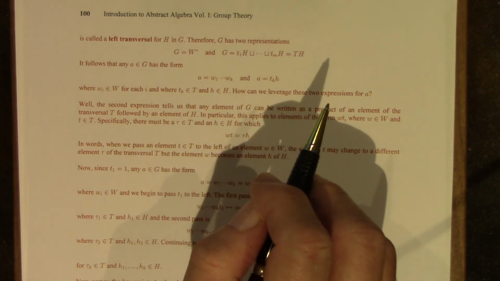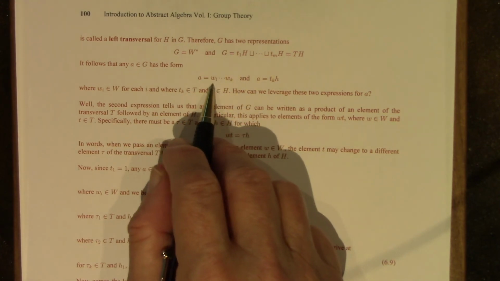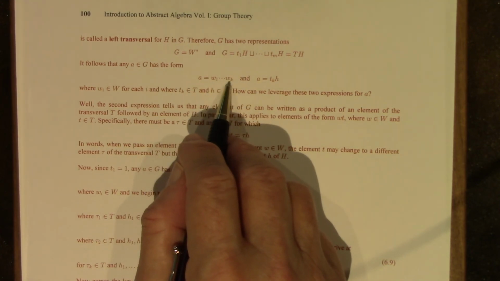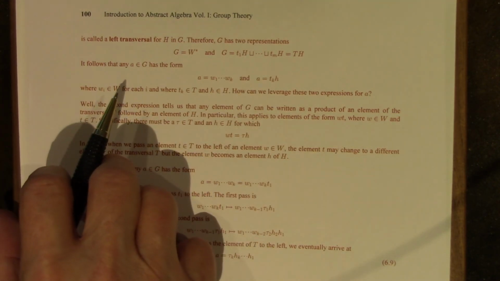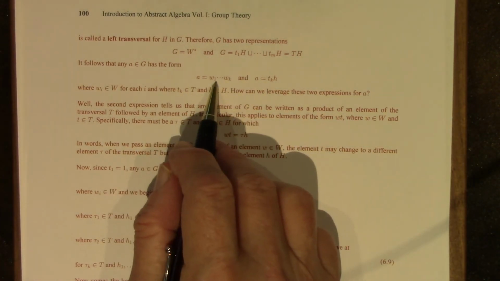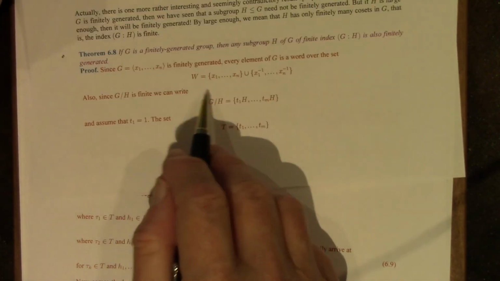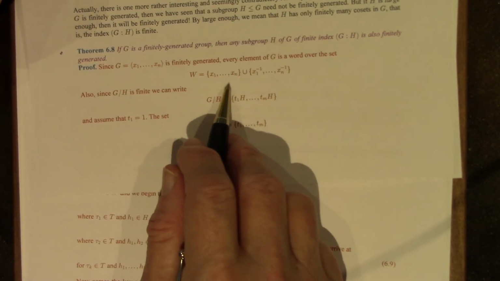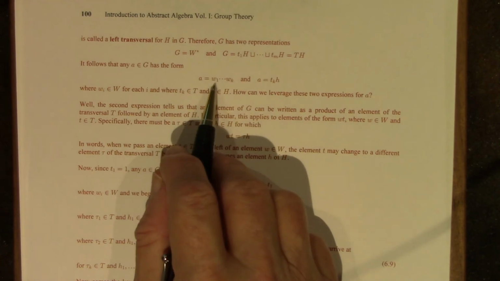So it follows that any element a in G can be written as a product of elements from the generating set W, and I'm not using exponents here. You just write out, it could be x_1, x_1, x_2, x_1, x_1, x_1, x_3, and just writing them all out without using the notational convenience of exponents.